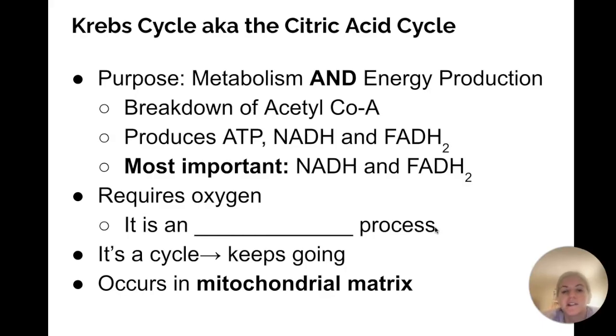So if no oxygen is present for that third step, the Krebs cycle will not occur. So that's what makes it aerobic. Even though we're not using oxygen in this step, it cannot happen if there's not oxygen ready for step 3 when this is done. It's called the Krebs cycle because you'll see it's circular and keeps going.